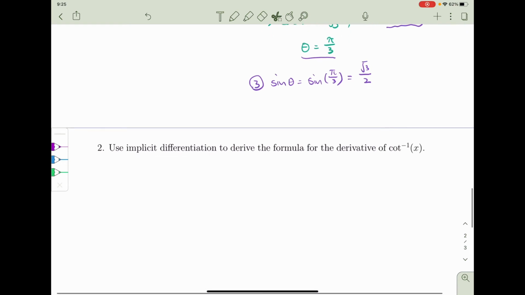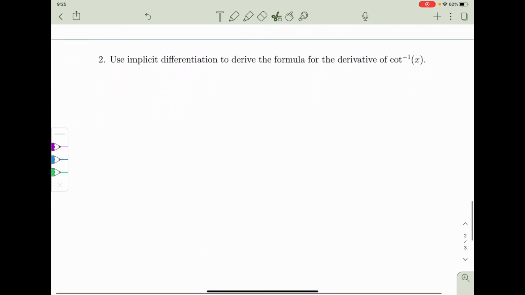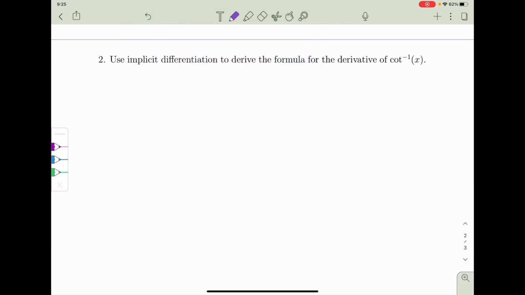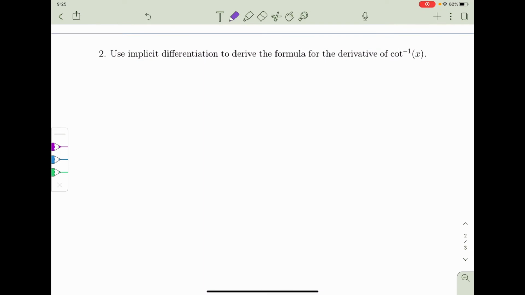So use implicit differentiation to derive the formula for the derivative of the cotangent inverse. For a question like this, you need to write out the expression y equal to cotangent inverse of x first, right?